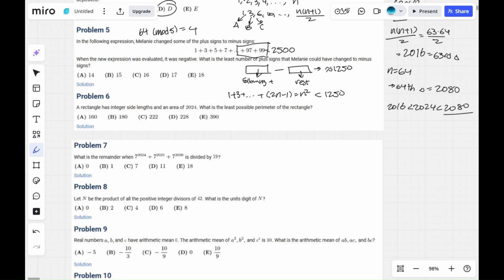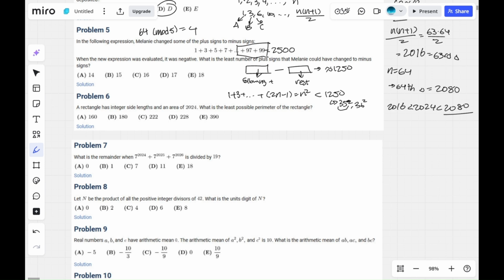So we see that 1250 is between 35 squared and 36 squared, which are 1225 and 1296 respectively. So that means that we want n to be 35.